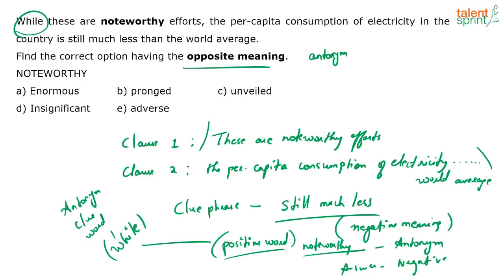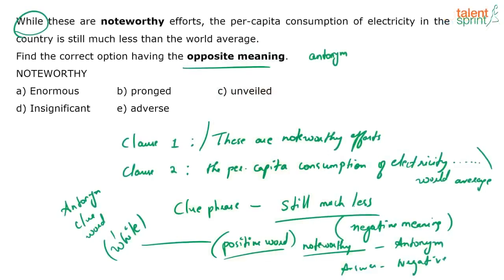But in my options, let's look at our options now. Enormous, pronged, unveiled, insignificant, adverse. Now enormous means huge. It's like an in-between word, right? I don't know if it's positive or negative because it can be both depending on the context. So it's an unrelated word here.